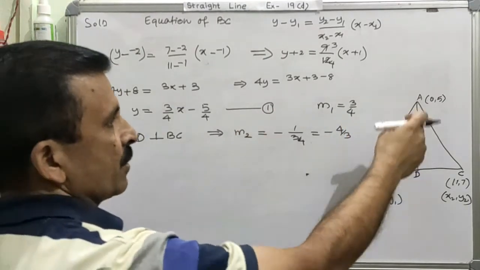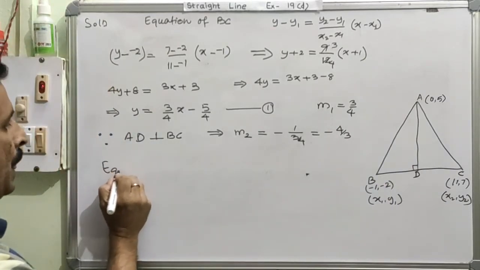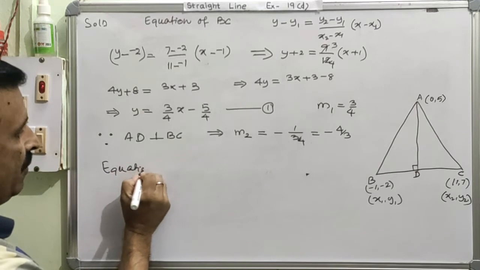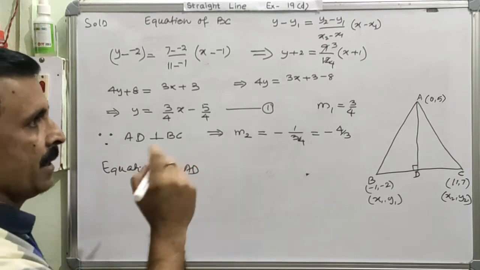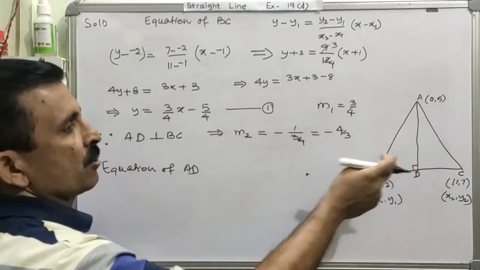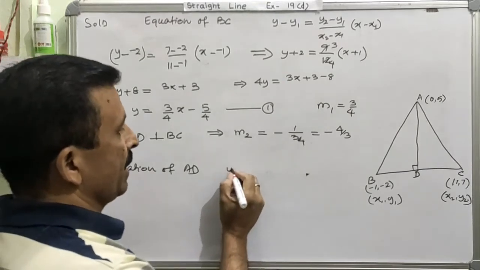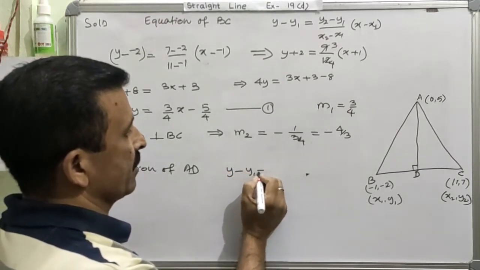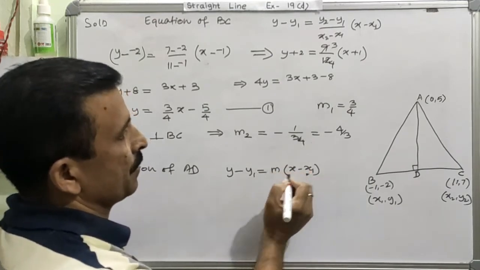Now we can write down the equation of AD. So equation of AD, right? We will use the one slope and 1 point formula. Clear? And that formula is y minus y1 is equal to slope into x minus x1.